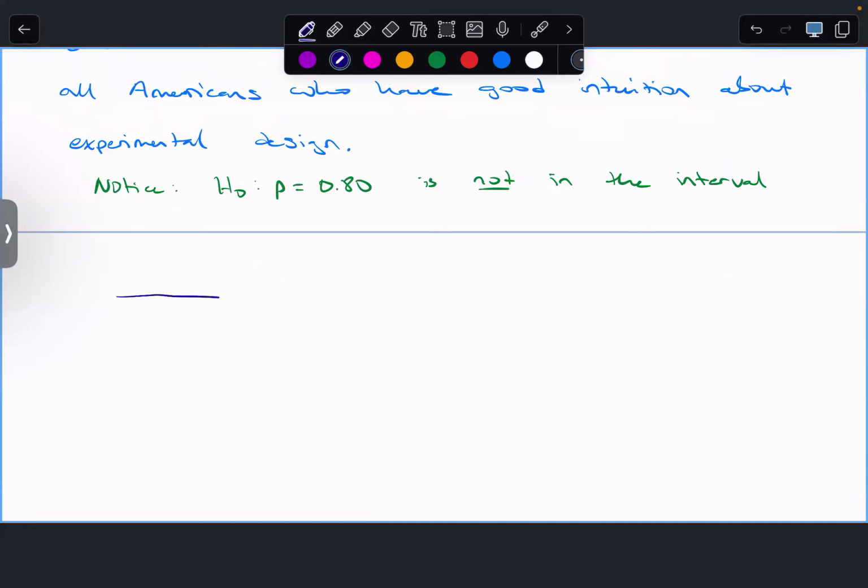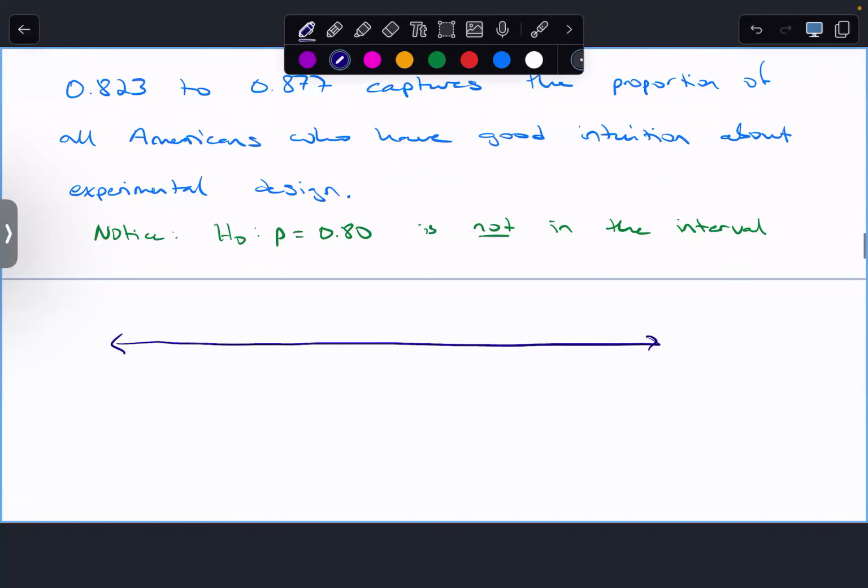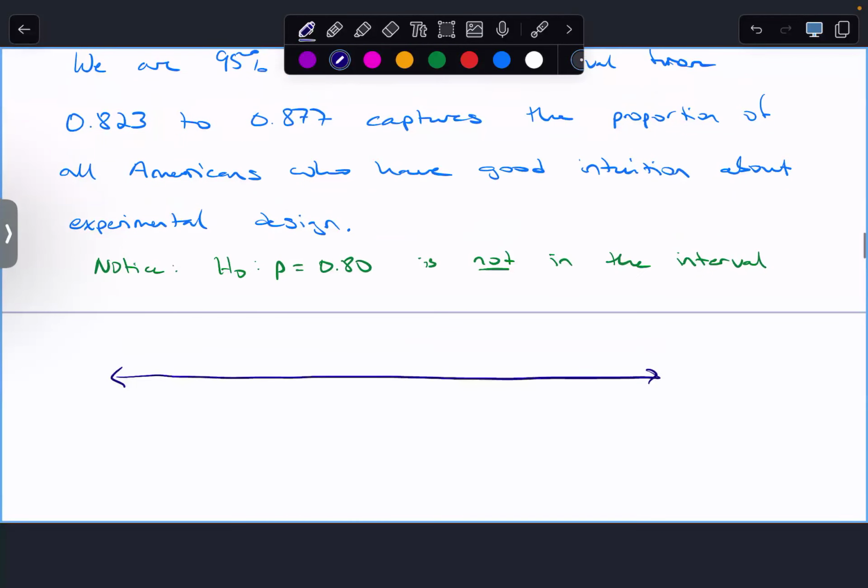How I like to think of it is on this number line here. If I have 0.823 up to 0.877, I'm 95% confident that the true population proportion is somewhere in here.